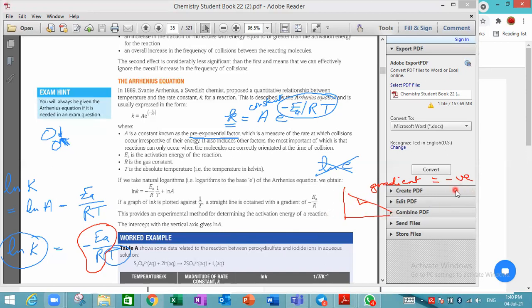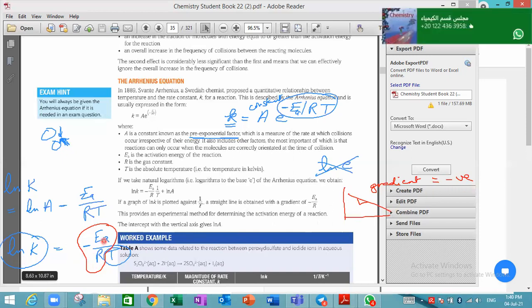So it's a negative gradient, and this negative gradient equals minus Ea over R. So if we know the slope of the straight line by drawing ln k against 1 over T, we get a negative slope.